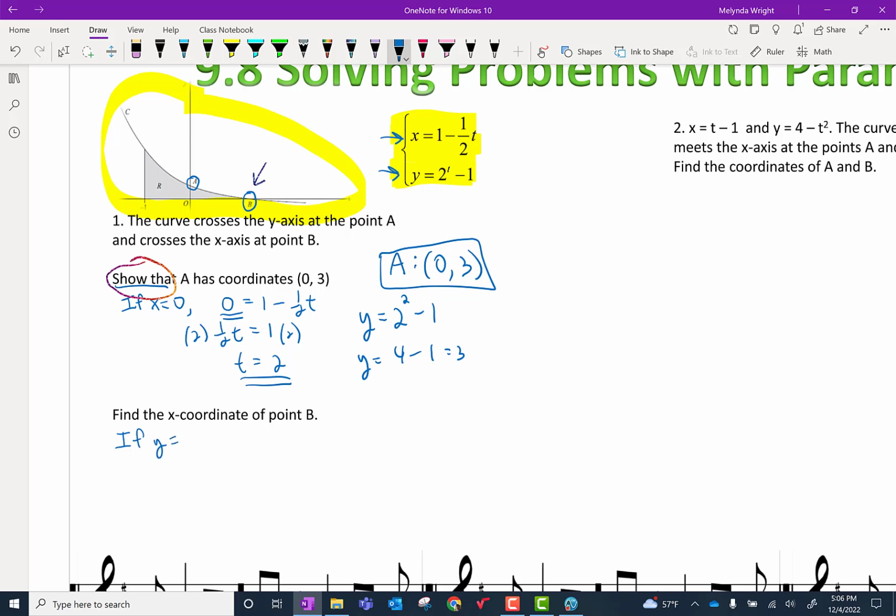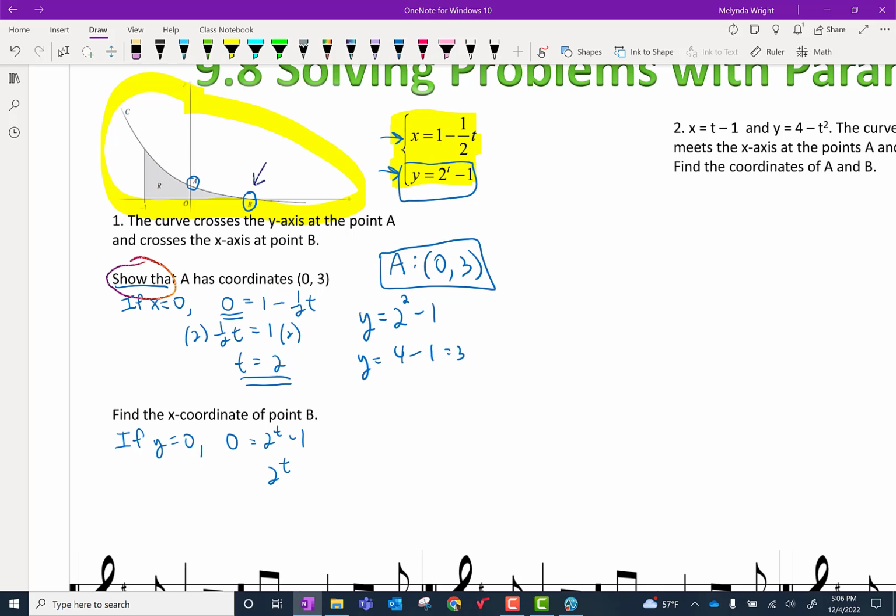So we're going to go along with our communication. If y equals 0, then let's plug in 0 into this second piece right here, the y equals equation. 0 equals 2 to the t minus 1. Okay, let's see, what does that do? So I move the 1 over, so 1 equals 2 to the t.